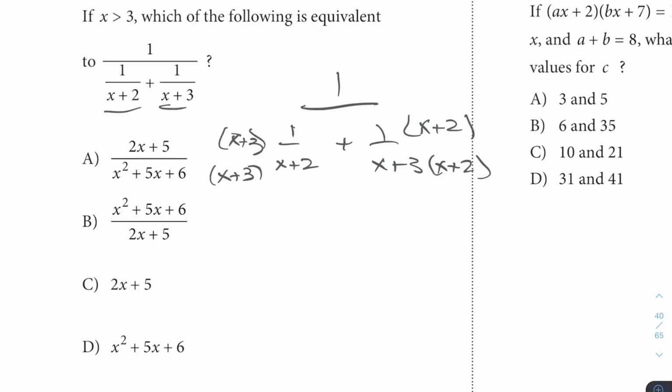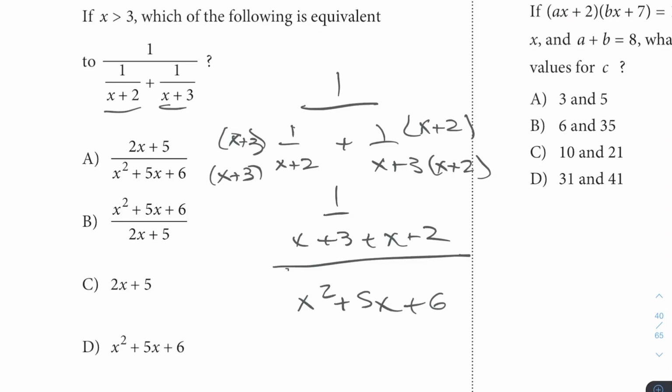So we're going to get 1 over, x plus 3 plus x plus 2, all over, we'll have to multiply these, and they're going to be the same since they're common now, so it's going to be x squared plus 5x plus 6, and there's a 1 on top over here.